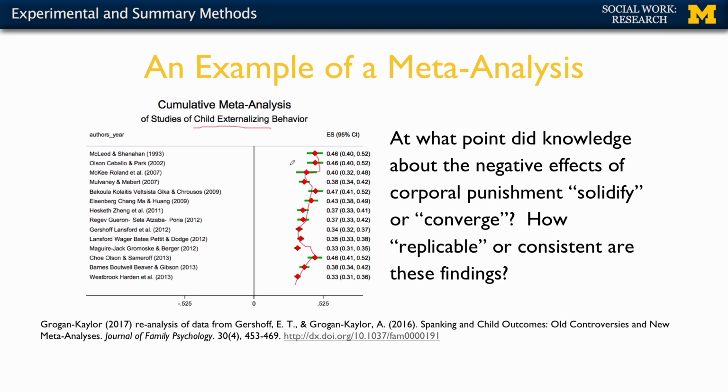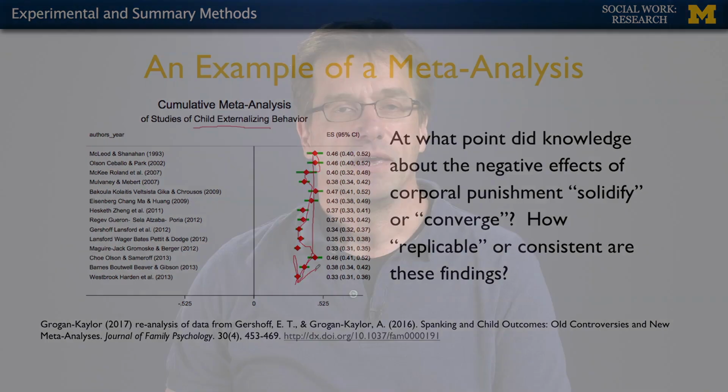What this kind of analysis indicates is that over time, we find that the green bars are narrowing. We find that not only do our estimates converge, but we have more and more confidence in the precision of our results. In this case, a conclusion that use of physical punishment increases children's externalizing behavior.